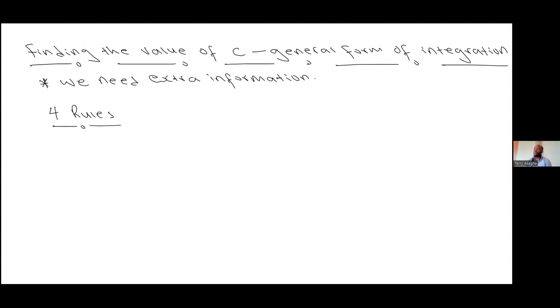Number 1, the first thing you do, you apply the 3 rules previously we've discussed for the general form of integration. So you apply the 3 rules we talked about in the previous video for the general form of integration.